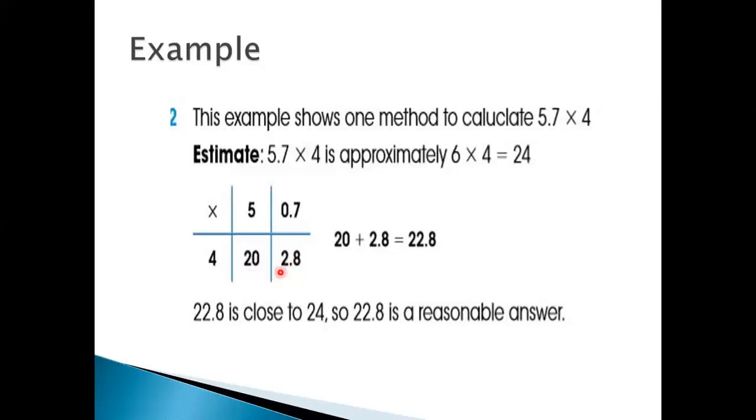Then a simple addition of the numbers. 20 plus 2 will be 22, and 0.8 as it is because it's the decimal part. So the number will be 22.8. You can see the exact multiplication answer is 22.8, which is closer to the estimated number 24, which is a reasonable answer.